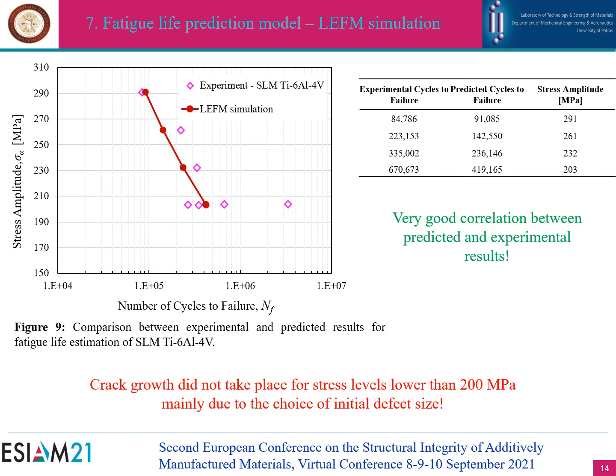As can be seen, a very good correlation between the predicted and experimental results was achieved. The main limitation of fatigue life modeling was that crack growth did not take place for stress levels lower than 200 megapascals, mainly due to the choice of initial defect size, which is the main limitation of the presented modeling approach.